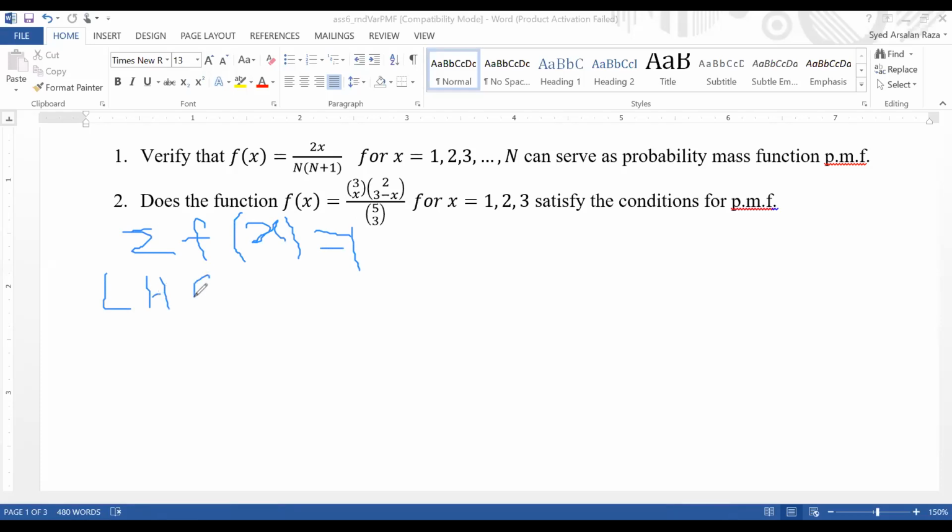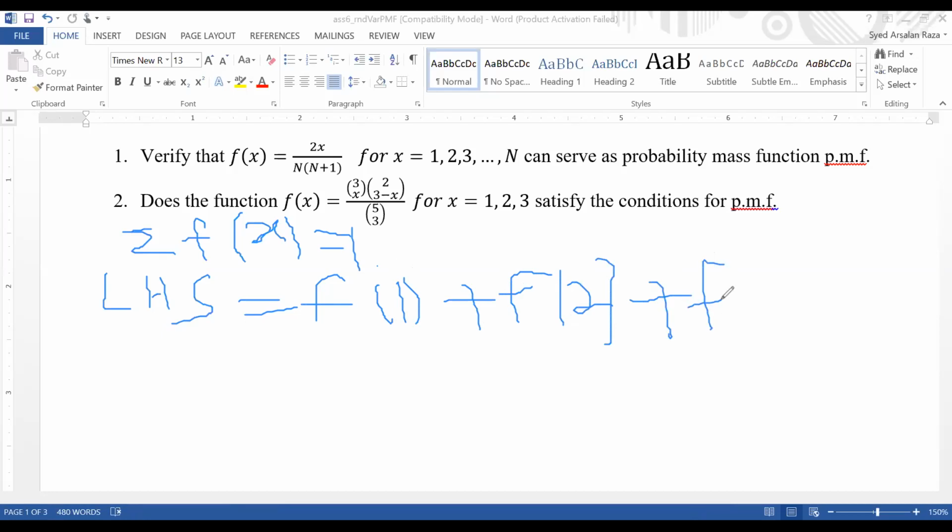Left hand side means f1 plus f2 plus f3 is equal to 1. These three function values should be added.